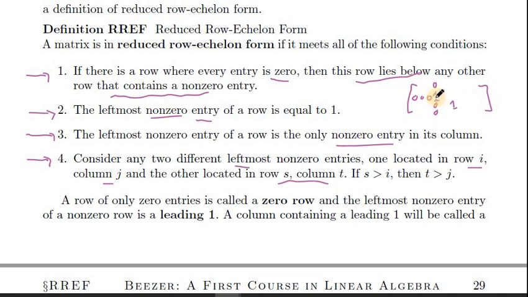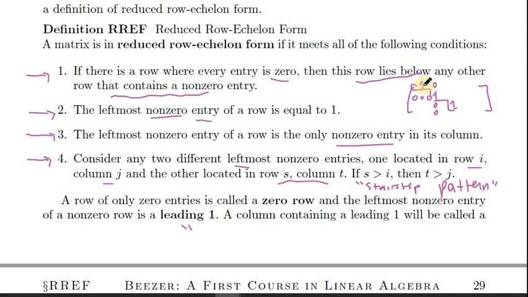If I have a leading 1 above this one, then it has to be to the left. That's all this means. I call this a stair-step pattern. The ones go down and to the right. You could make stairs like that.